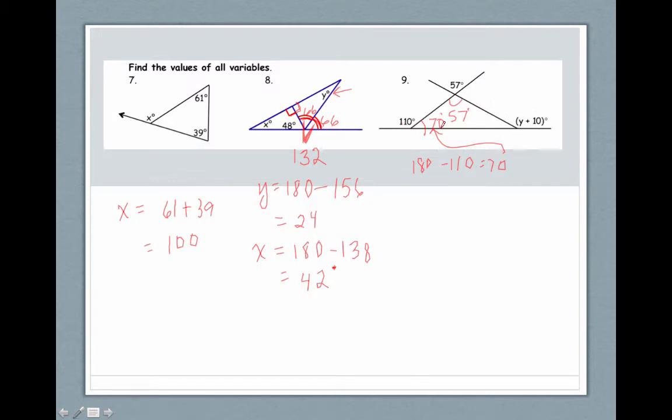So y plus 10 equals these two added together. That's the theorem we just got. Y plus 10 equals 70 plus 57. So y plus 10 equals 127. Y equals 117.